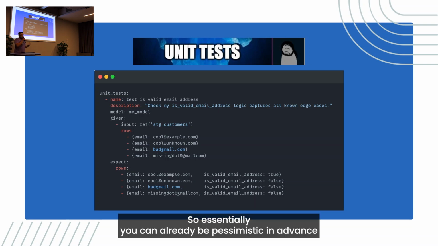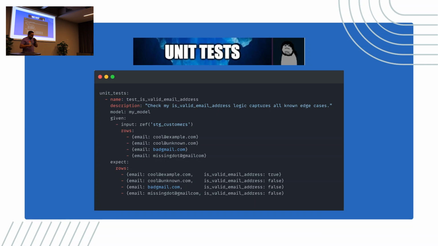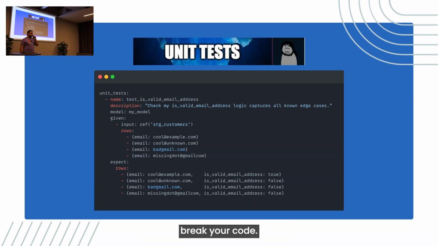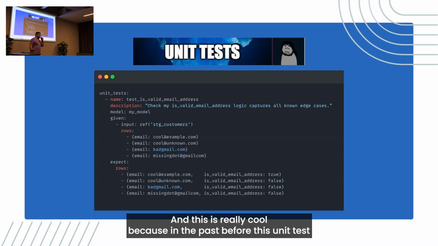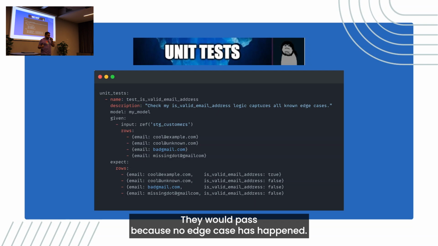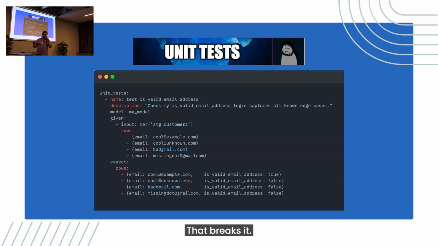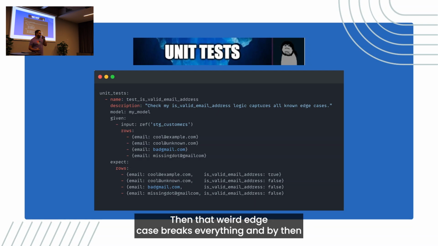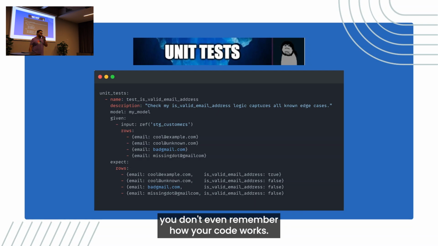So essentially you can already be pessimistic in advance and think of all of the use cases that are potentially gonna break your code. And this is really cool because in the past, before these unit tests, we would write DBT tests. They would pass because no edge case had happened that breaks it. Time passes, 3-4 months, a year, then a weird edge case breaks everything, and by then you don't even remember how your code works.